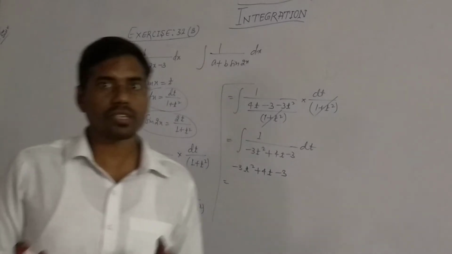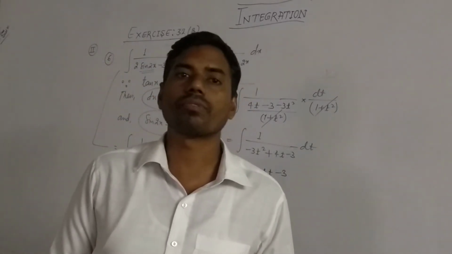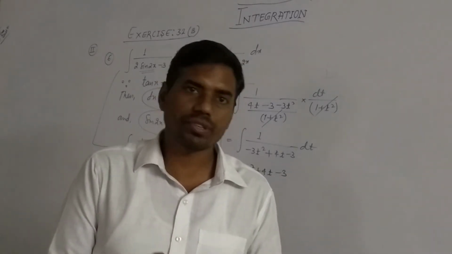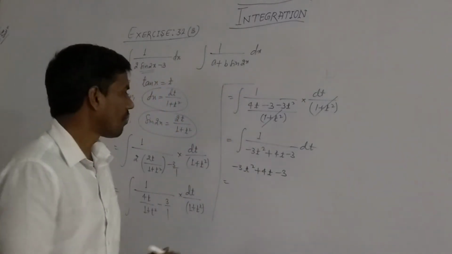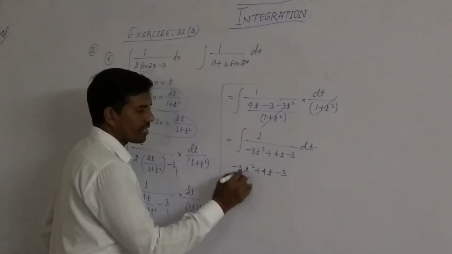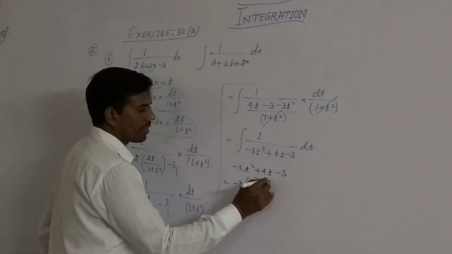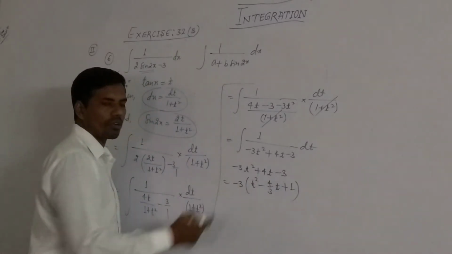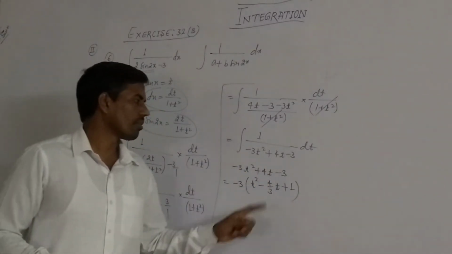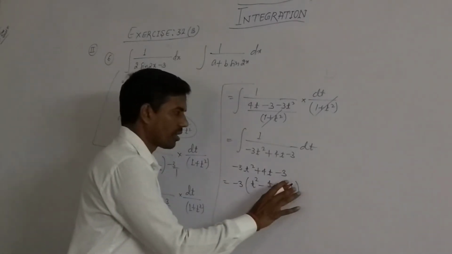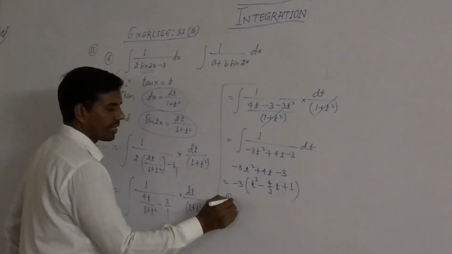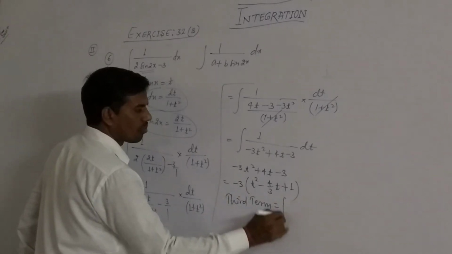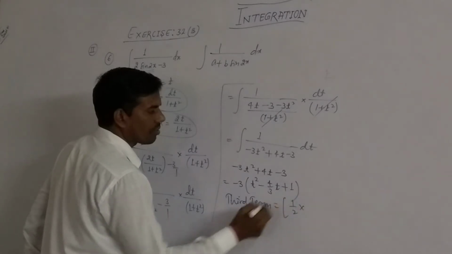Our first step is that we have to make the coefficient of t square 1. For that, take minus 3 as common, we get t square minus 4 by 3 t plus 1, since minus divided by minus is plus, that is plus 1. After that we have to take the third term, that is the square of 1 by 2 into the coefficient of t.